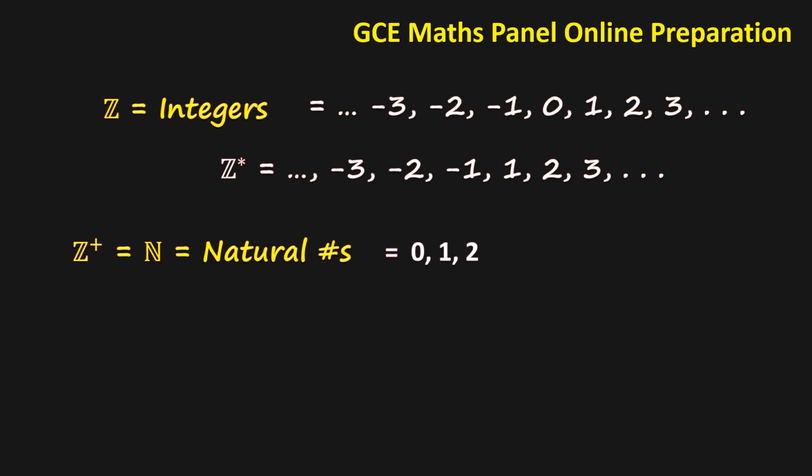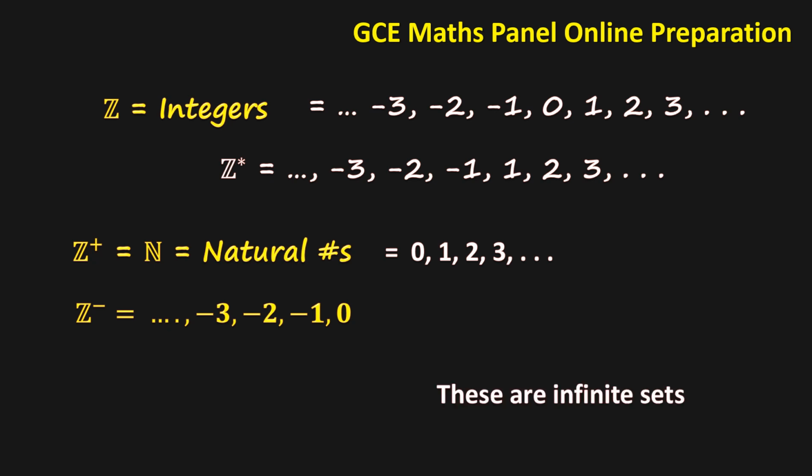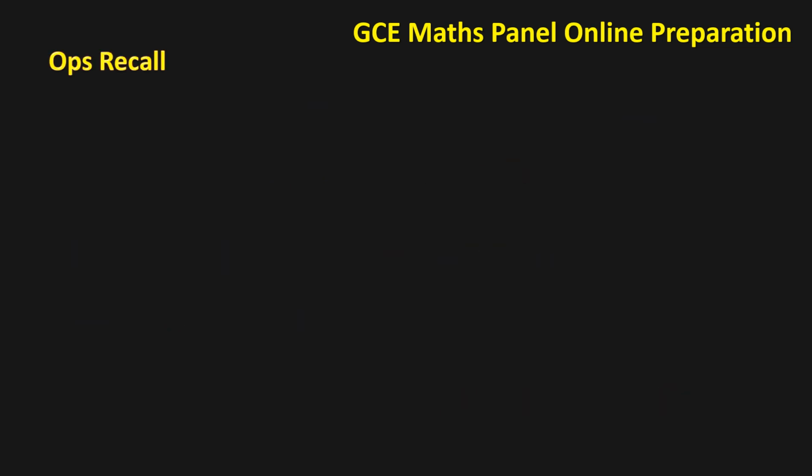You equally have negative integers, which are negative numbers from negative infinity right down to 0. Here you have to take note that the number 0 is a neutral number. It is neither a positive number nor a negative number, and all the sets we have mentioned so far are infinite sets.